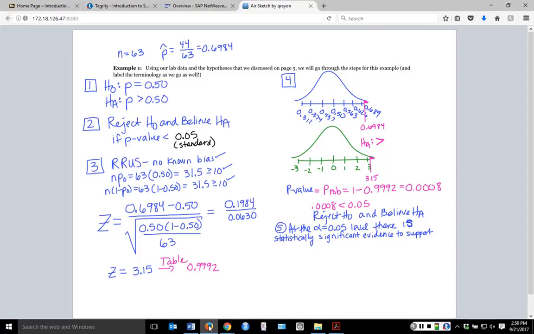So there is evidence to support that we could tell the difference between the Oreo and generic cookie. That's what that first interpretation would look like.